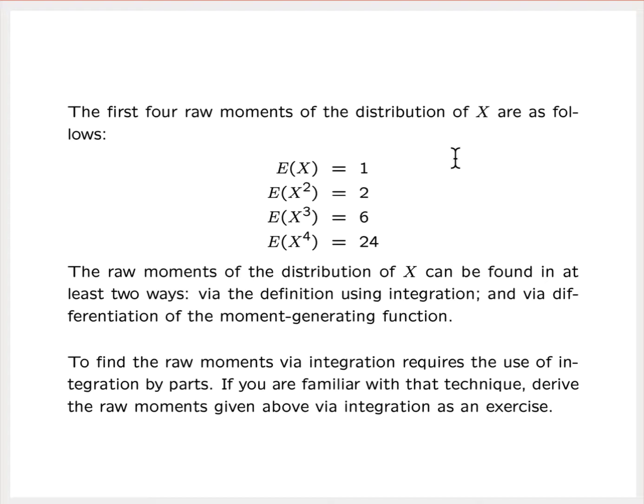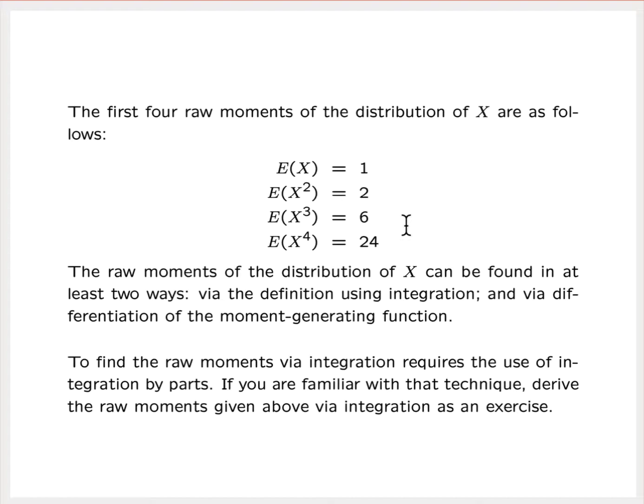Now, I'm just going to tell you right off the bat that the values of the first 4 moments are 1, 2, 6, and 24 respectively. The expected value of X, the mean of this special case distribution, is 1. The second raw moment is 2. The third raw moment is 6, and the fourth raw moment is 24.